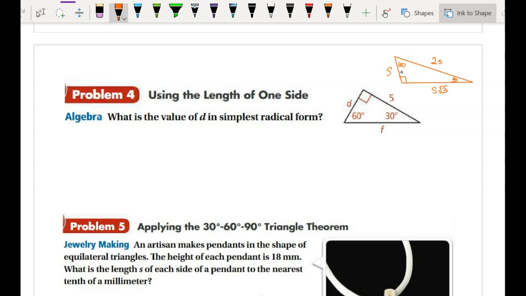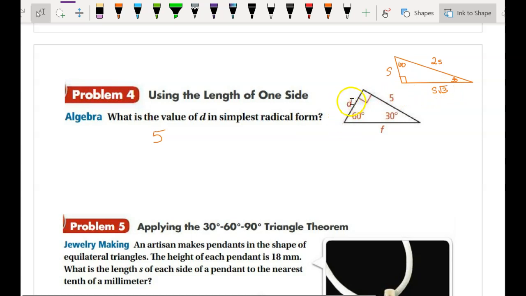So they give us the long leg. What is the long leg equal to? The long leg is equal to the short side times the square root of 3. So what is the short side?